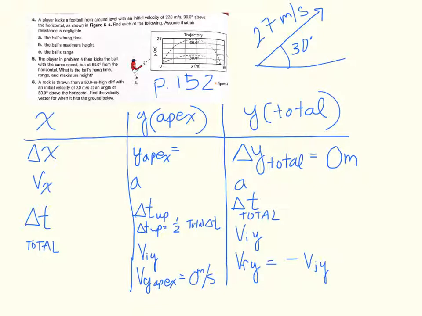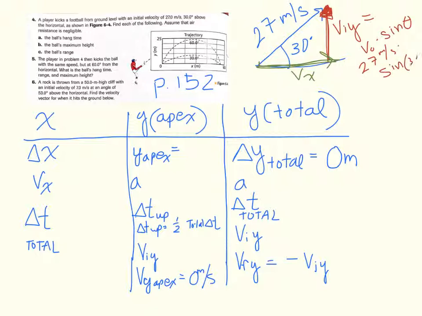What is given in my table is my vertical velocity, viy, and my horizontal velocity, vx. So remember that viy is given to me by v naught times sine of theta. And here, v naught is 27 meters per second, and theta is 30 degrees.